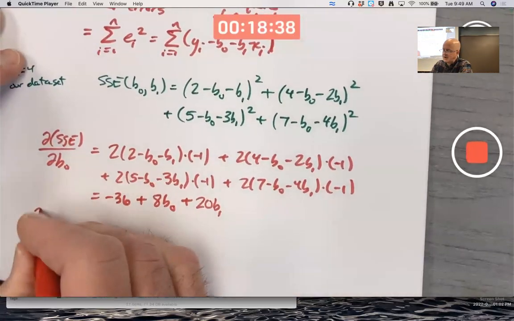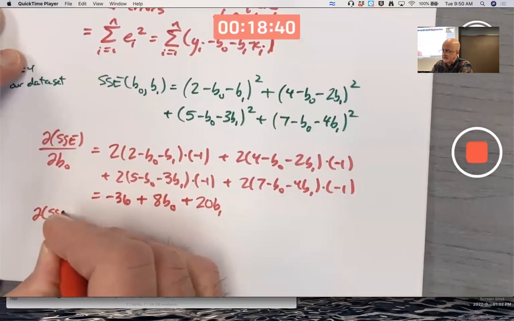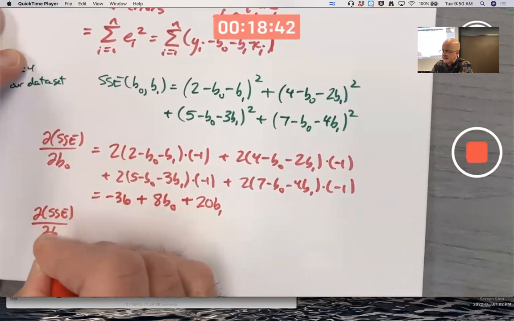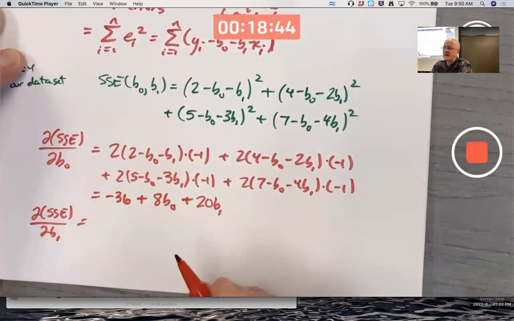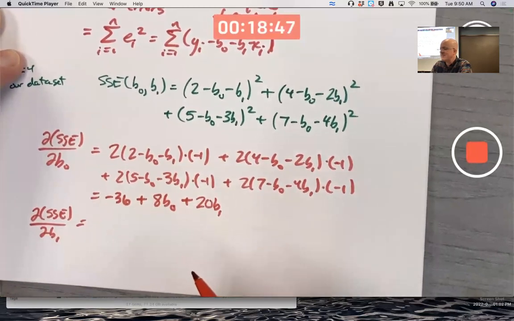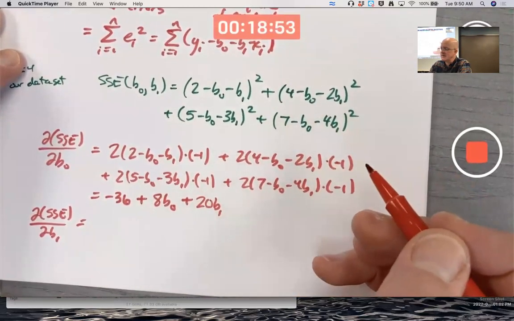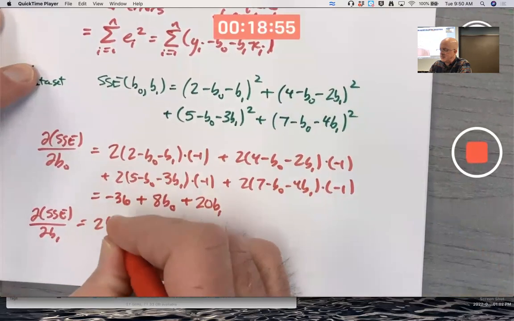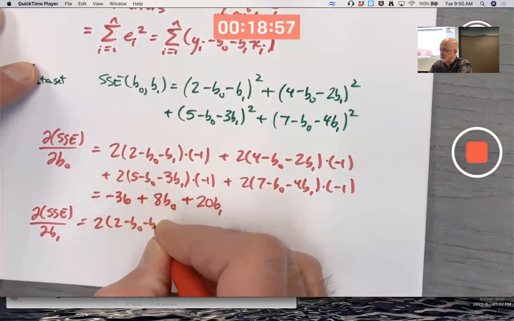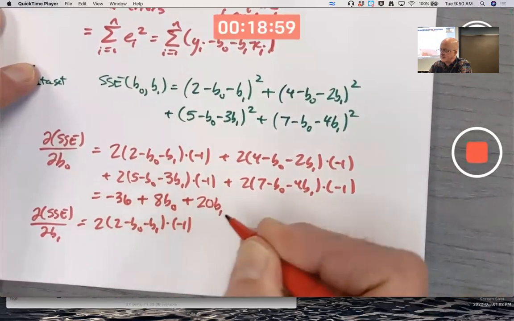Now let's differentiate with respect to B1. Going to be a little bit more chances of making a mistake because the chain rule coefficient's not going to always be -1. But it's going to be a pretty similar calculation. With the first one, it'll get a factor of -1.